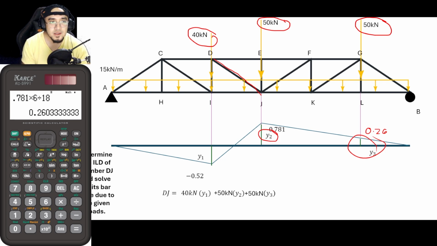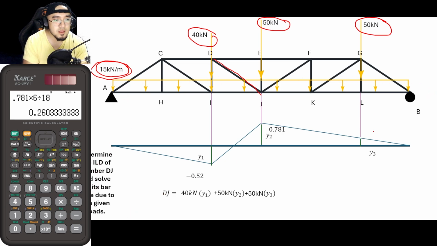However, guys, in this example, we have a uniformly distributed load here, 15 kilonewton per meter. Just like in our previous lecture, we multiply the 15 kilonewton per meter by the area that it is projecting. In this scenario, the load is projecting to the whole area of our graph.